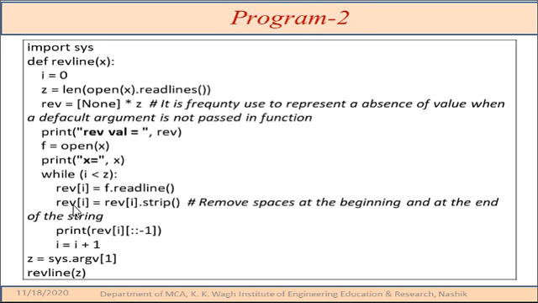Then I store that string data, the first line of the file, in rev functions. While printing that rev line, I use the slice statement and print it backward. Likewise, after the first line is printed, I increment the i value, then read the second line, then the third line, up to the length of the lines. This loop continues and prints in reverse order.